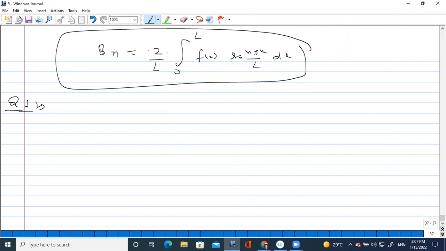Sir, one doubt. In the previous g(x), we multiplied with sin(nπx/L), but in the final answer, sir, can you check once the previous page?